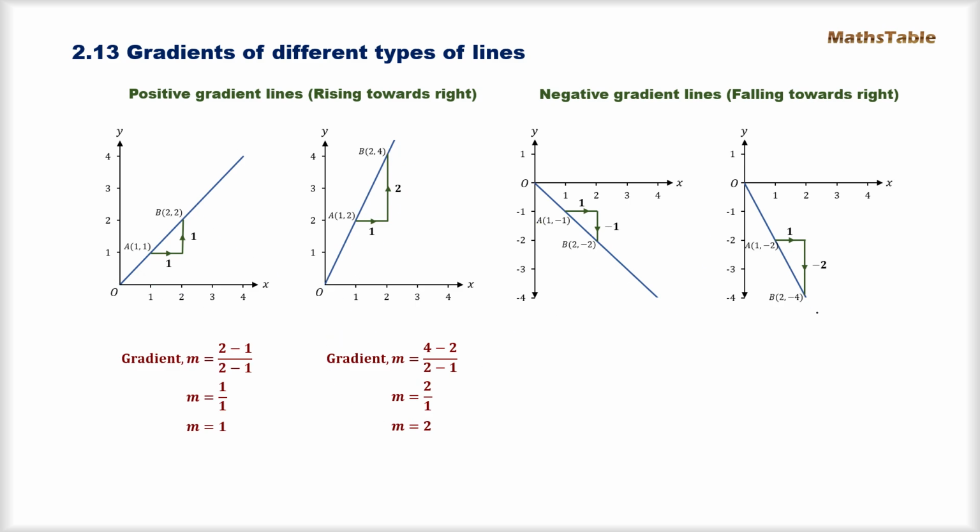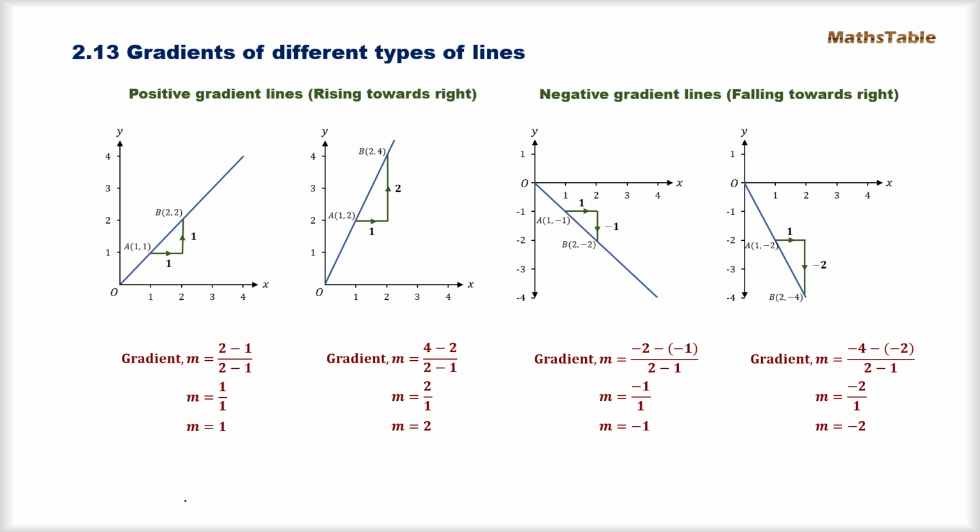Similarly, for these two lines, we have twice the rise to run ratio for the second line as compared to the first line. And hence, we get twice as much gradient for this line as compared to the first one.